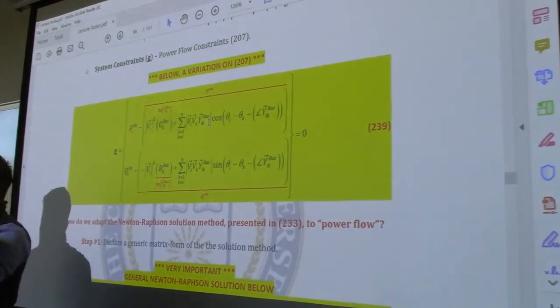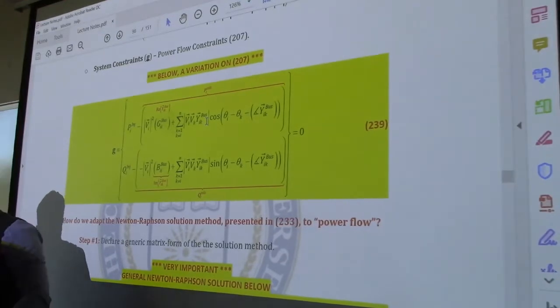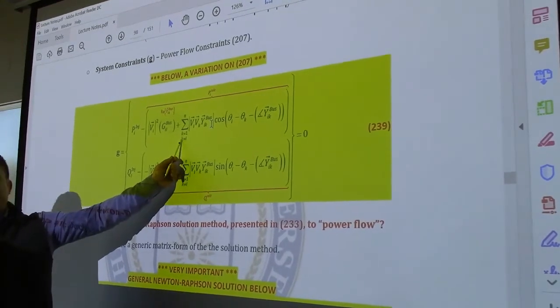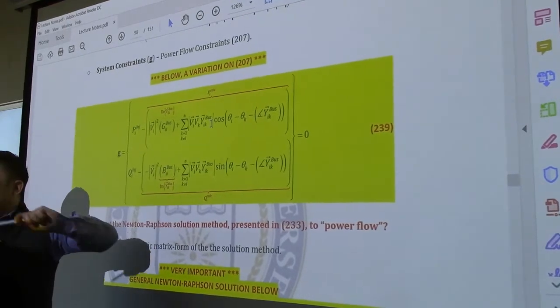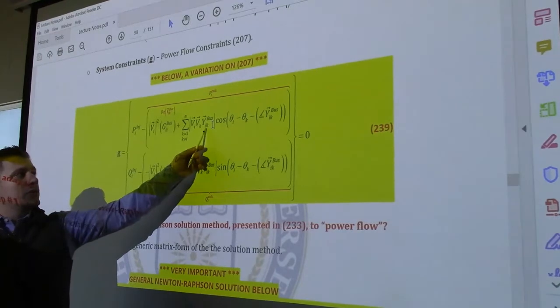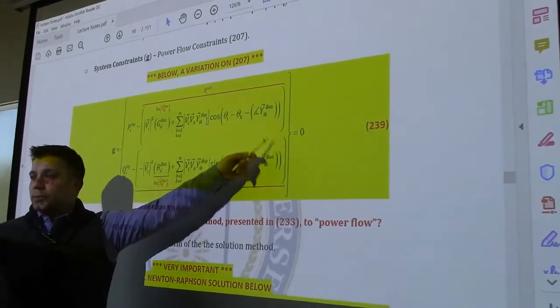There'll be no 2,3 element, so that'll be gone. There'll be no 2,2 element because we say k is not equal to i. And then there'll be a 2,4 element.